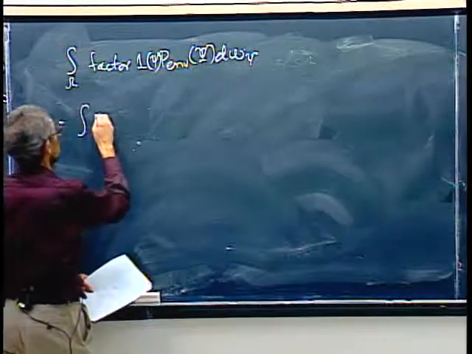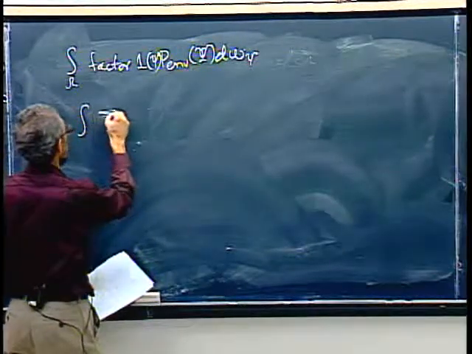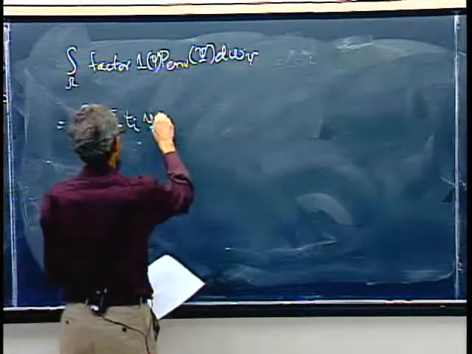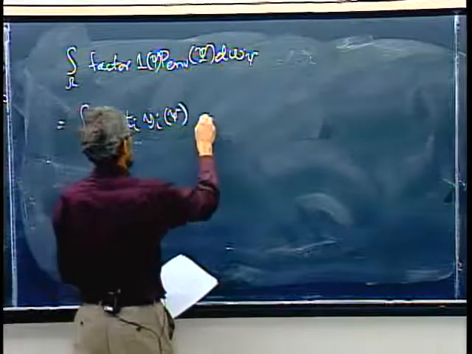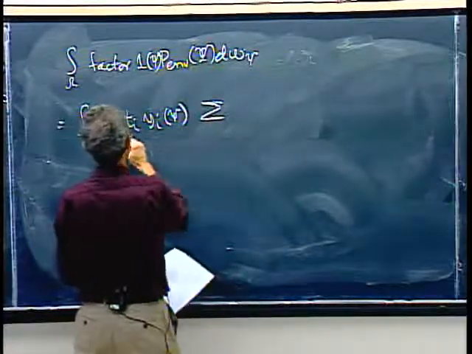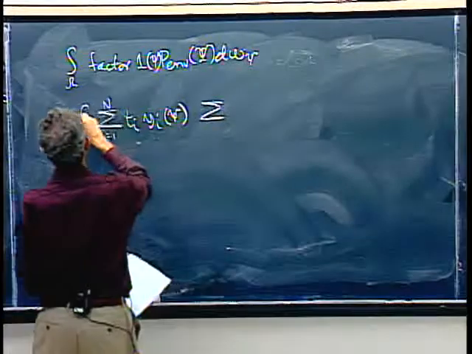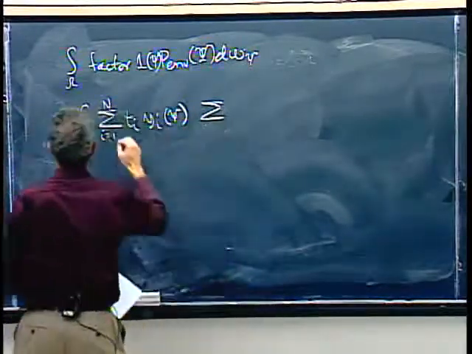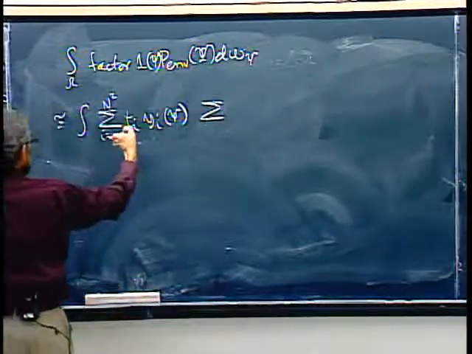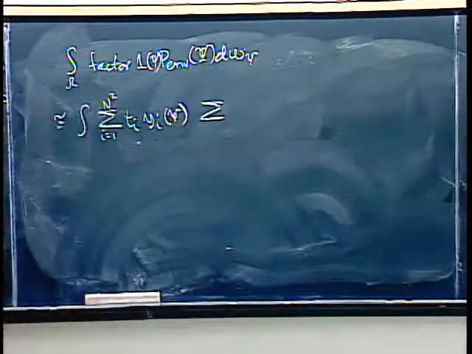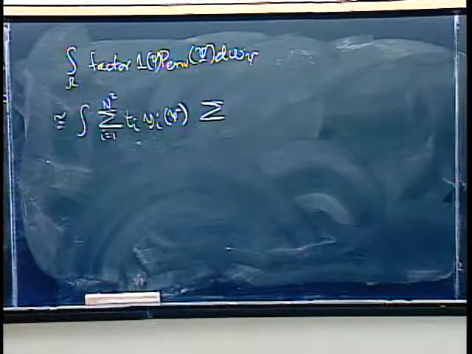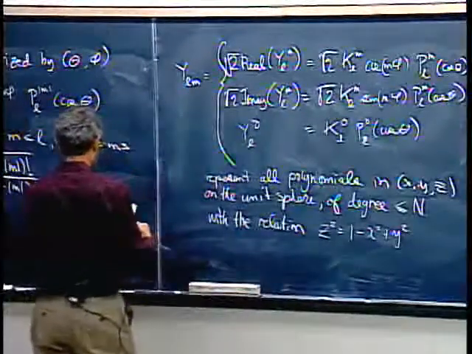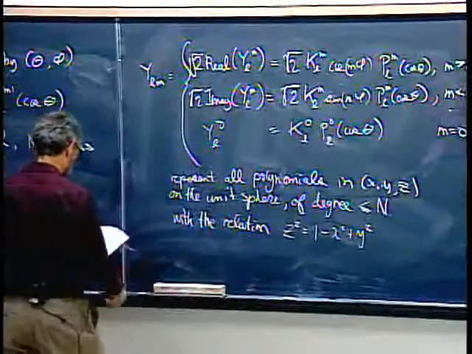That's the integral over the sphere of factor 1, which was going to be the sum of t_i Y_i of psi times the sum, say i equals 1 to n. Well, it's really n squared, right? If we want to make a single index instead of two indices here, somewhere I wrote it in the notes what the formula is.